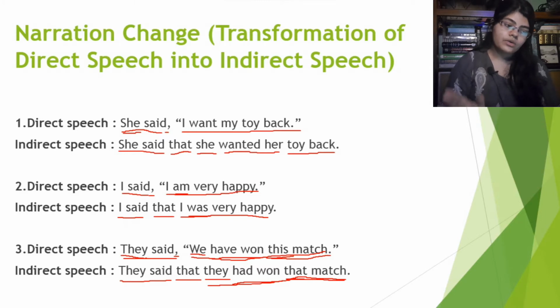So we understand the basic way of changing a direct speech into an indirect speech. What did we see? That the comma is always replaced by that, and one main thing that I didn't say is the inverted commas will also disappear in the indirect speech. We won't use any inverted comma here.